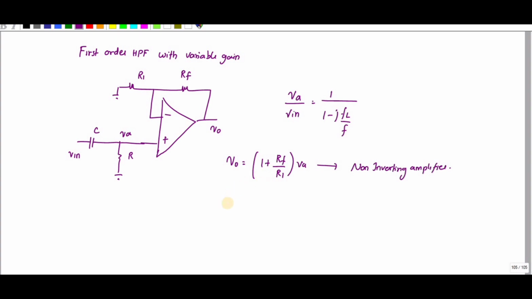So what is VA now? VA is equal to V0 divided by 1 plus RF by R1. So you substitute the first equation in the second equation. If I substitute 1 in 2, I will get V0 by Vin is equal to 1 plus RF by R1 divided by 1 minus J FL by F. This is nothing but H of JF.